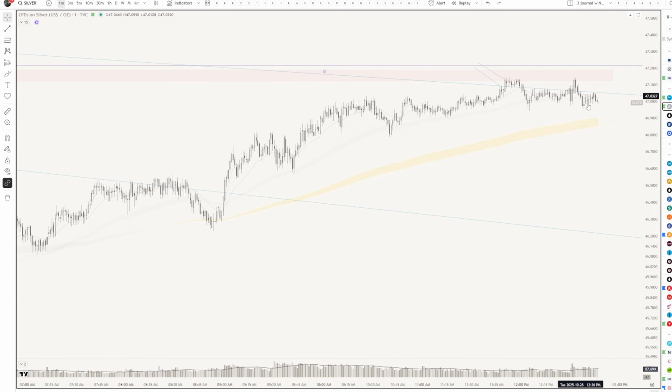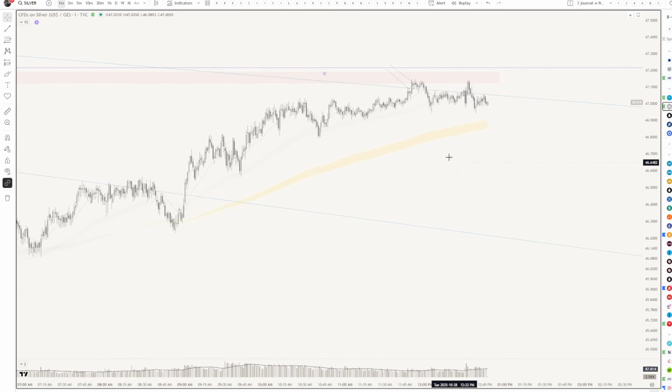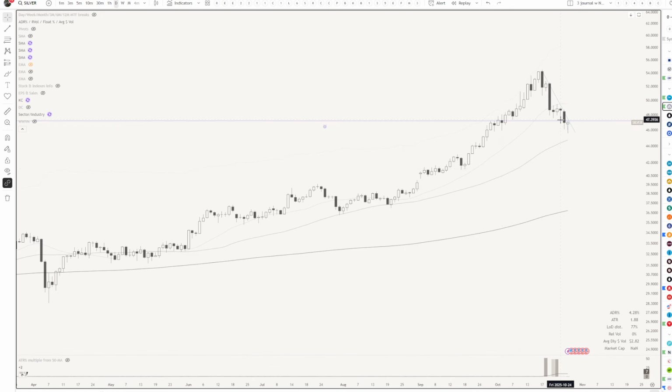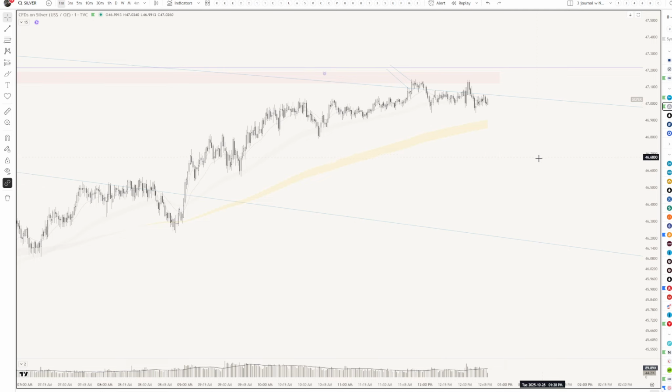Let's see now if we can rebuild and continue even more. I thought initially that this might be the third leg, or it's just the second leg, and then we will need to go down to the 50 to start over. I'm not sure, we'll see. I use this as a pivot for seeing if we have some strength and can continue.